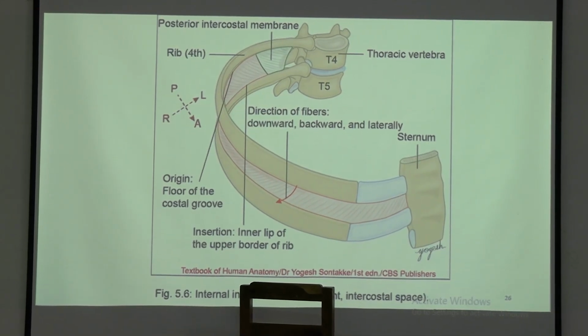So the external intercostal muscle becomes the anterior intercostal membrane from the costochondral junction up to the lateral limit of the sternum. Similarly, this muscle becomes membrane-like from the posterior angle of the rib up to the lateral border of the body of the thoracic vertebra, and it is continued with the posterior layer of the superior costotransverse ligament.